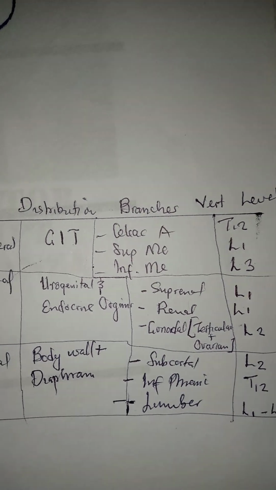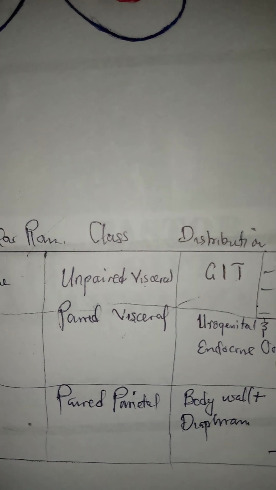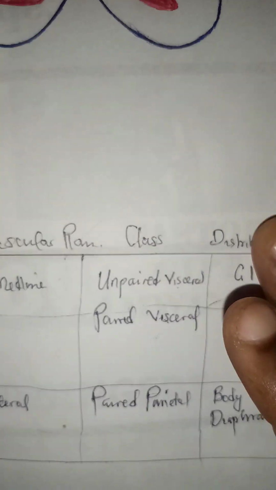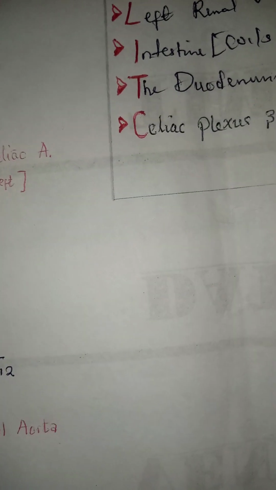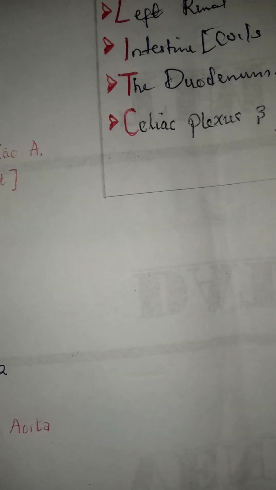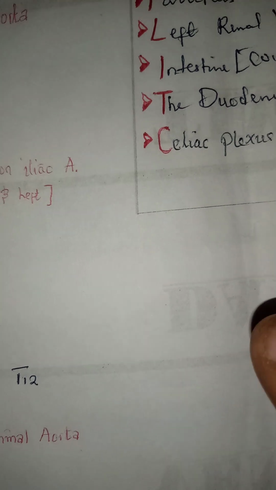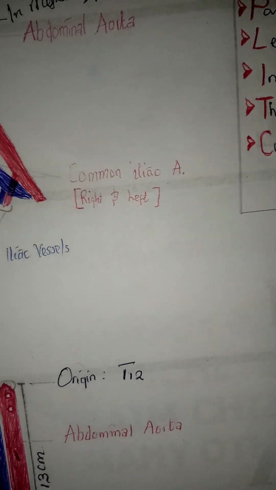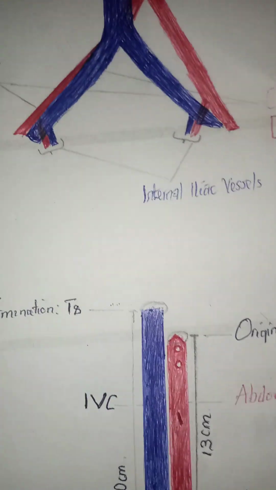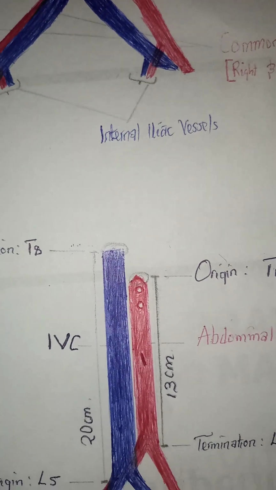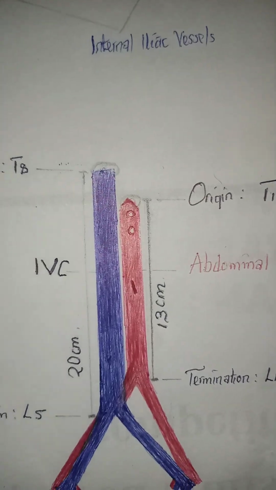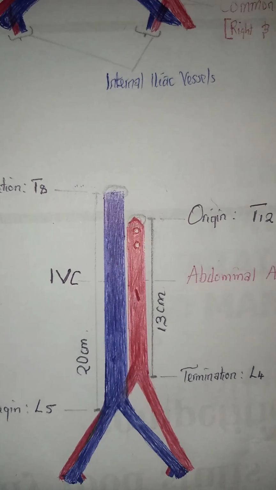So now moving on to the venous drainage. The venous drainage basically follows the arteries. Okay, so it is basically done by the inferior vena cava. So just a bit of introduction.